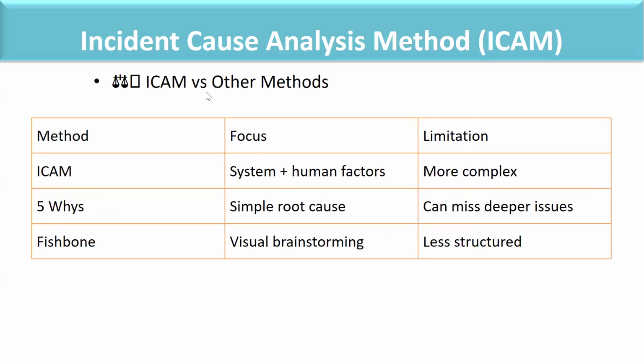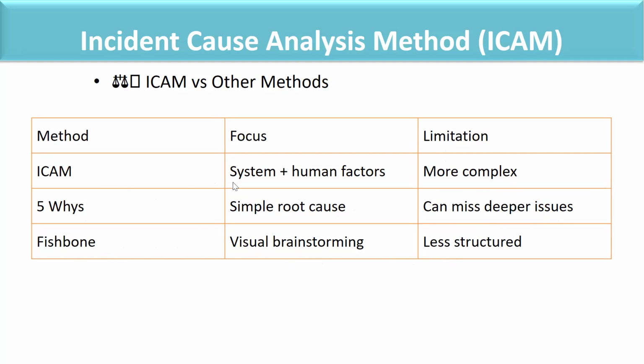Now ICAM versus other methods. ICAM focuses on system plus human. The limitation is that it is more complex. 5 Whys is a simple root cause method, but it can miss deeper issues, not going into more detail. Fishbone is visual brainstorming with less structure. Fishbone is a very good technique, but there is no proper structure.